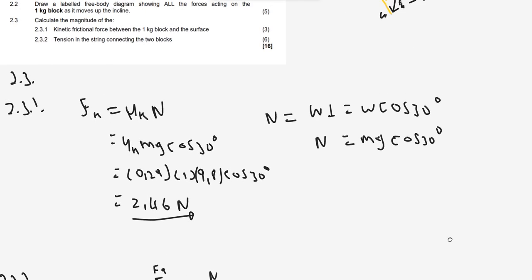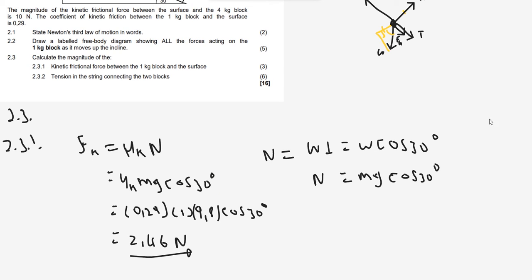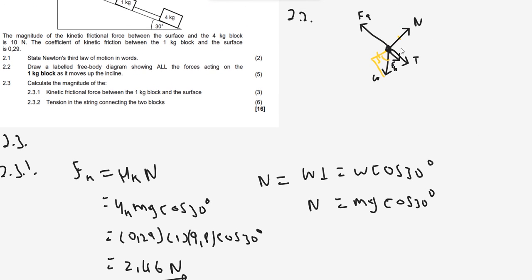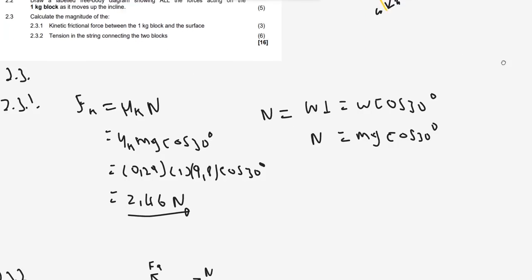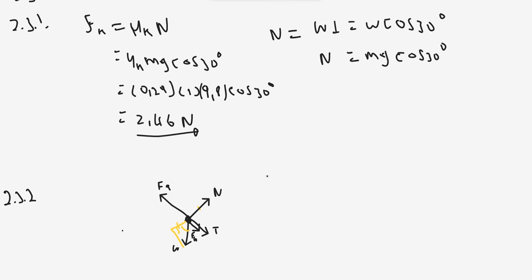Since we are required to calculate the tension in the string, and this is our free body diagram for the 1 kg block, let's do a free body diagram for the 4 kg block here. This is the 1 kg block on this side, and here it will be the 4 kg block. We are drawing a free body diagram because it will help us when we are calculating.